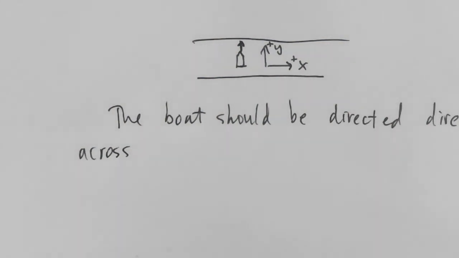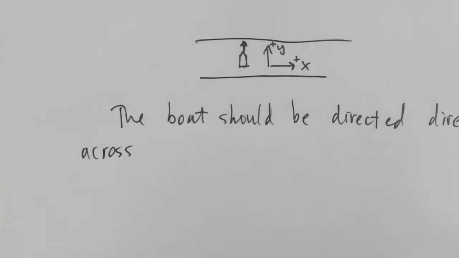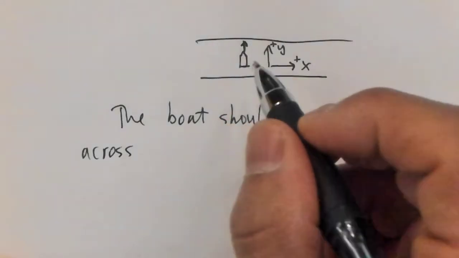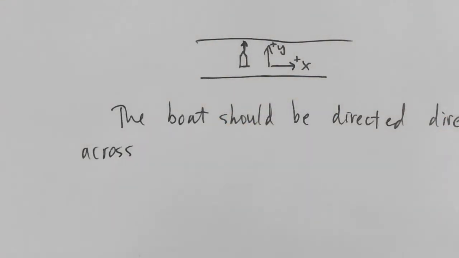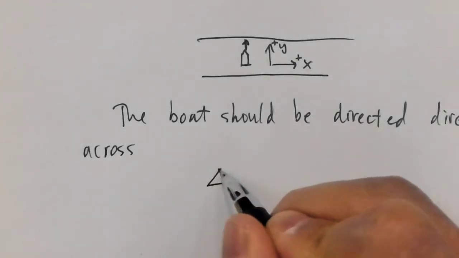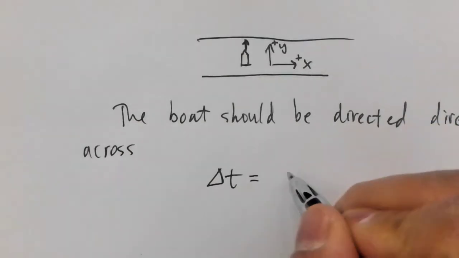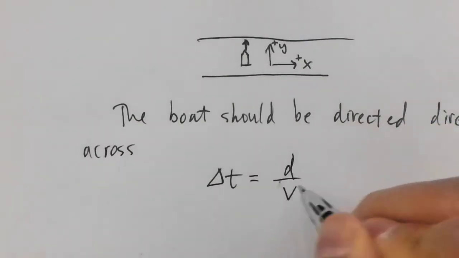It won't go in that direction because the river is going to push it away, but that's the way it should be pointing. Okay, so now if we're going to look at the y component of the boat's velocity, the river doesn't matter because it's only flowing horizontally. So to get the time, we just take the distance divided by the speed.